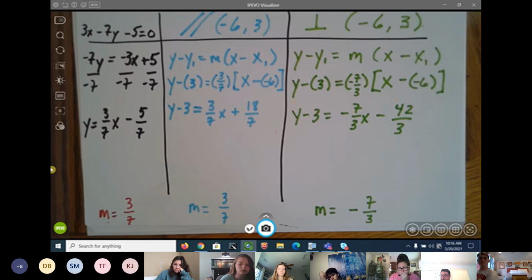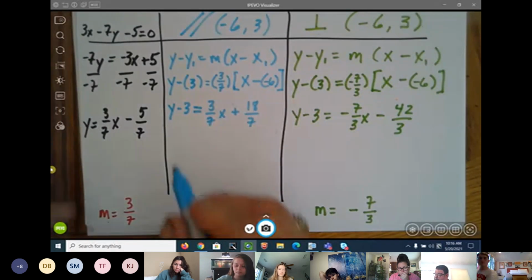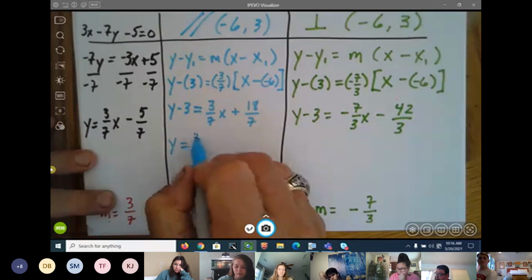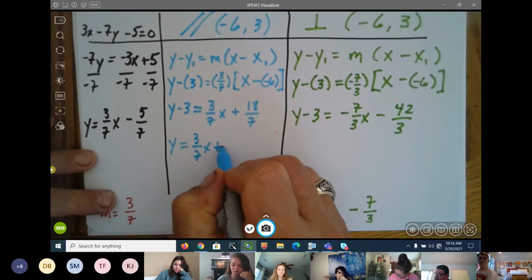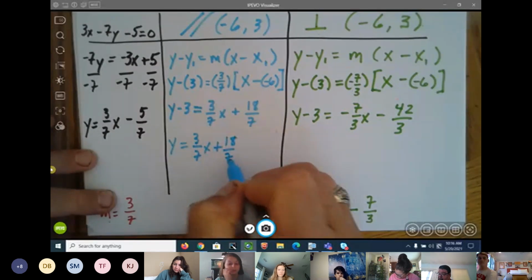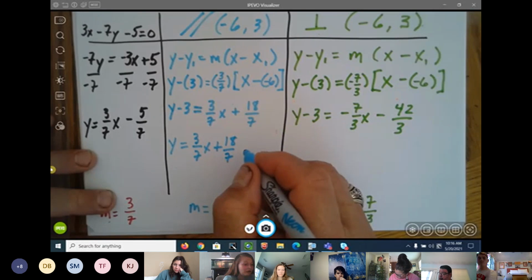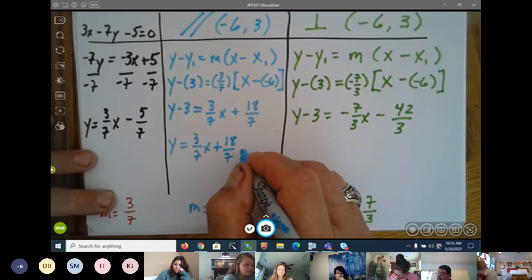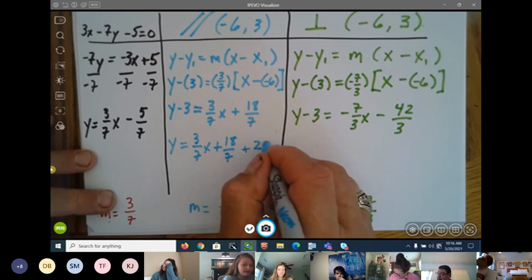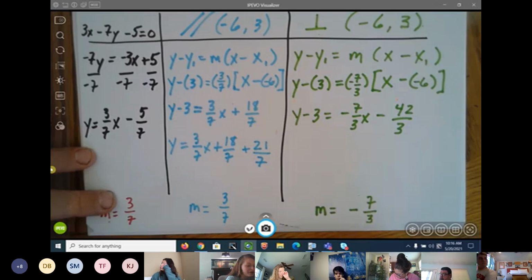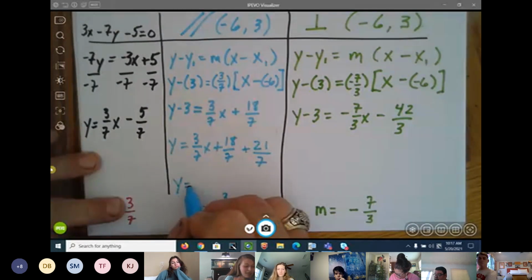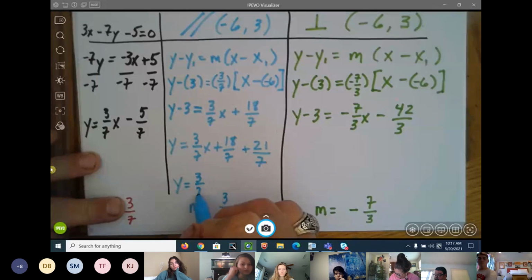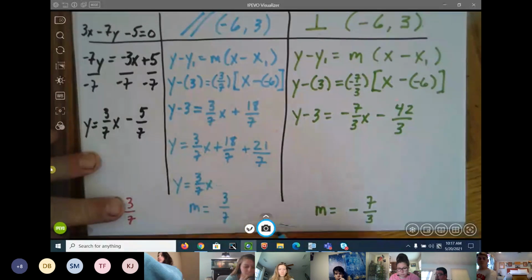Now, y is equal to 3 sevenths x plus 18 over 7. I think we did this problem. I remember 21 over 7. If we didn't do this problem, we did one like it. And y is equal to 3 sevenths x. 18 plus 21 is 39.